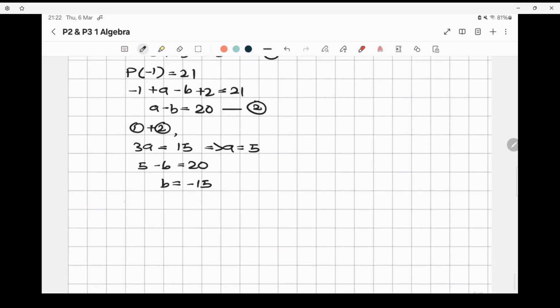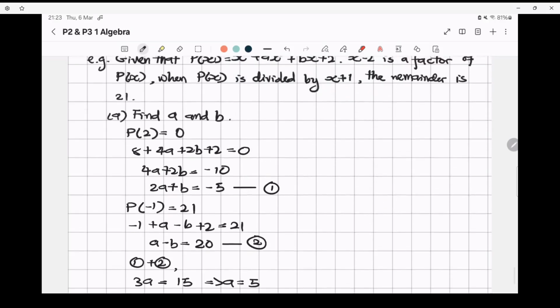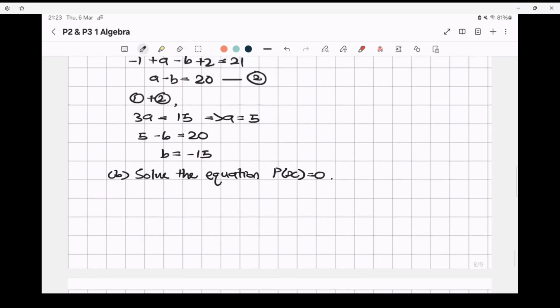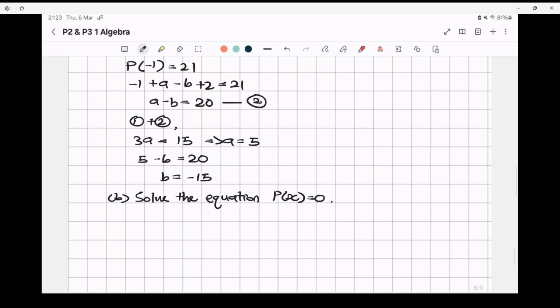So part B, as usual, solve the equation px equals 0, for instance. Okay, so then what you will need to do is to write this.